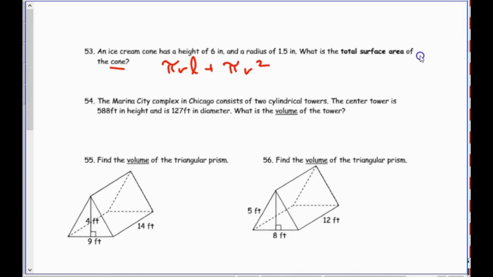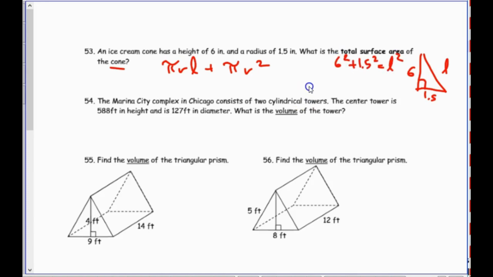Okay, so we need to get L. L is the hypotenuse of a right triangle, right? We know that the height is 6, the radius is 1.5, so we're going to do 6 squared plus 1.5 squared equals L squared.